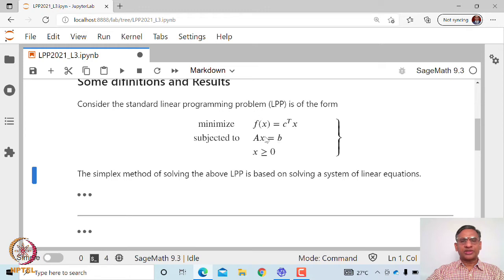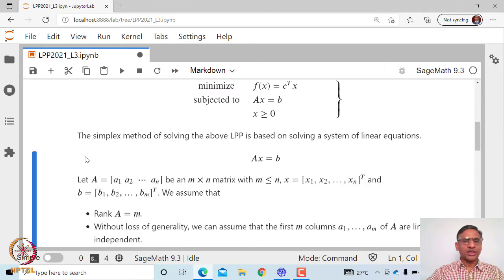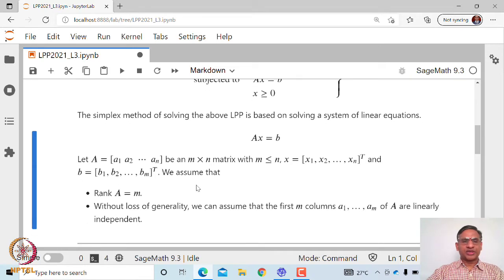Now solving this linear programming problem is all about solving this system Ax equal to b, and we have to look at only those solutions of Ax equal to b which are non-negative.